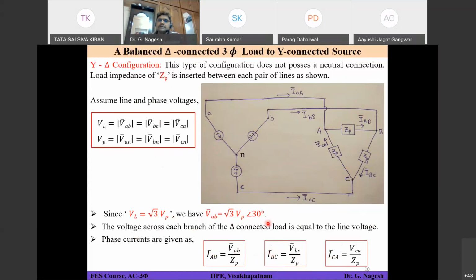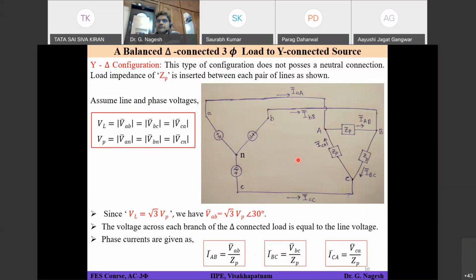So what will be the line current now? Can anyone say what will be the expression for line current IAA? Expression means applying KCL at this point. IAA is equal to how much in terms of IAB and ICA? IAB minus ICA.